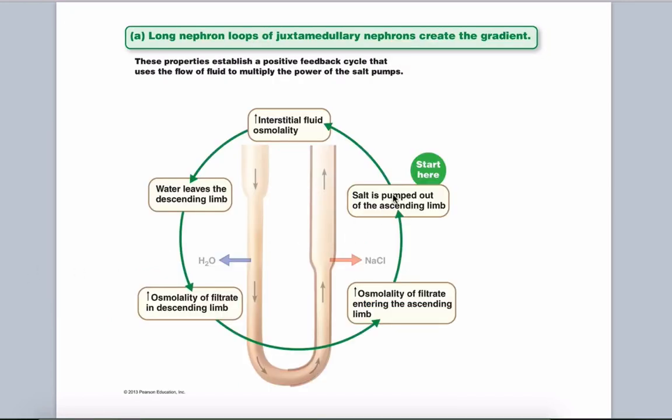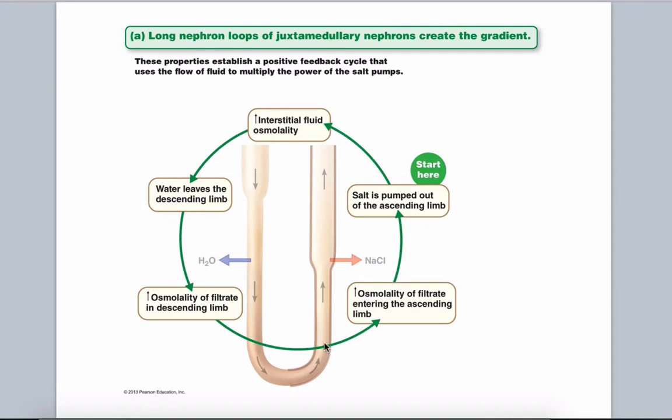In the end result, the salt's pumped out, which means the interstitial fluid around those cells has a high osmolality, meaning it's got a lot of concentrated solutes outside. As a result, on the descending limb, water leaves to try to neutralize this. Water is in relatively low concentration outside, so through osmosis it tries to even it out, which increases the osmolality of the filtrate as it goes down.